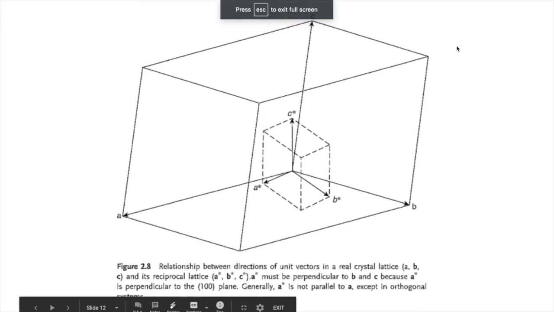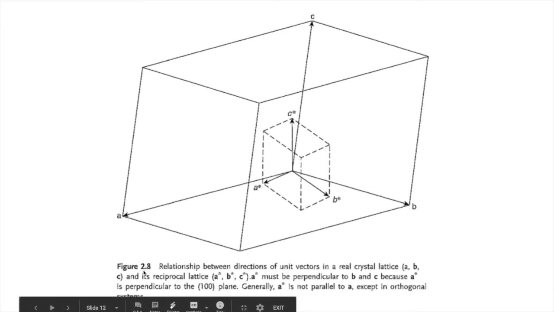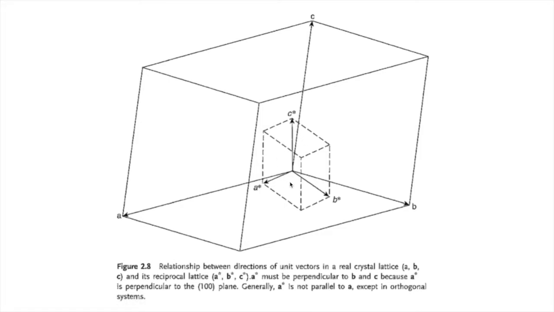I just mentioned that the a* vector is always normal to the b and c vectors in real space. This figure in your textbook, figure 2.8, does a good job of illustrating that. If we look at a* here, as part of a*, b*, and c* in reciprocal space, and draw those in comparison to a, b, and c in real space, you'll see that this a* vector is normal to the b and the c vector, right?